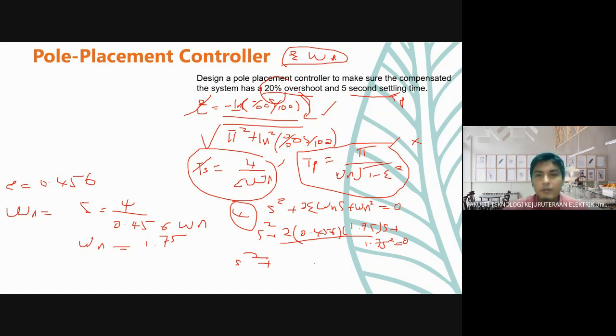Okay, what is the answer? 1.596 s plus 1.75 square. What is the answer? 1.75 square. Oh, okay, 3.0625. Yep.